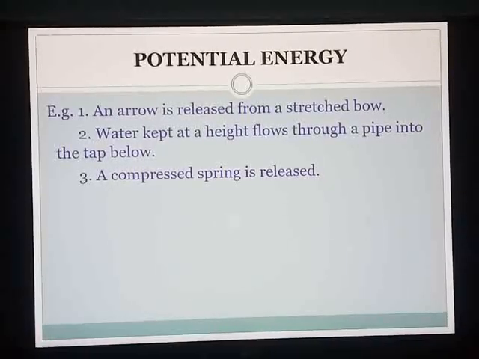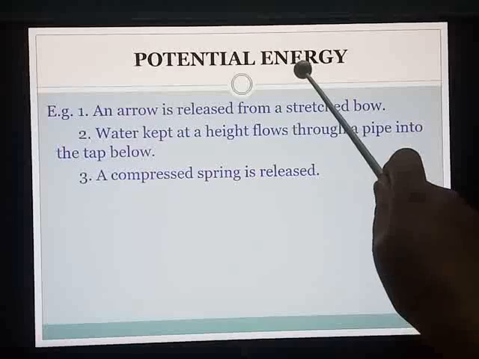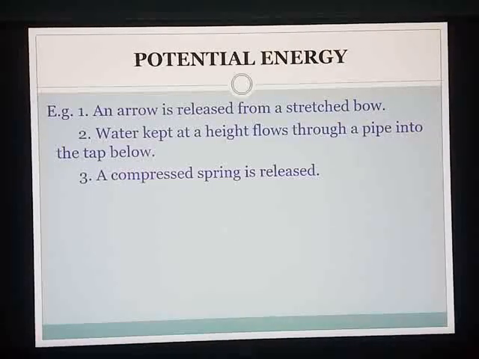Now see, water is kept at a height, means due to its position, the energy is stored in water. This energy is stored in the dam in the form of potential energy. When this water is allowed to flow down through a pipe, it will have motion, so potential energy will get converted into kinetic energy.